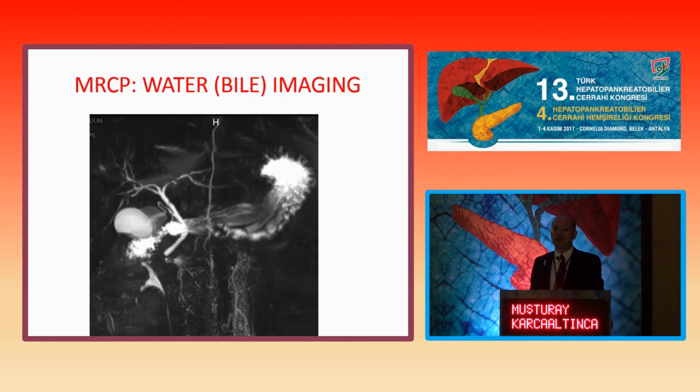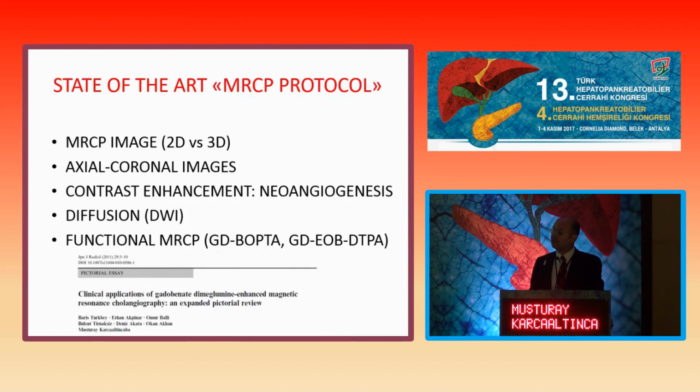You can see the fluid within the renal collecting system. And also, does anyone know the structure going in the midline? This is the ductus thoracicus. So we can even see the lymphatic fluids within the lymphatics.